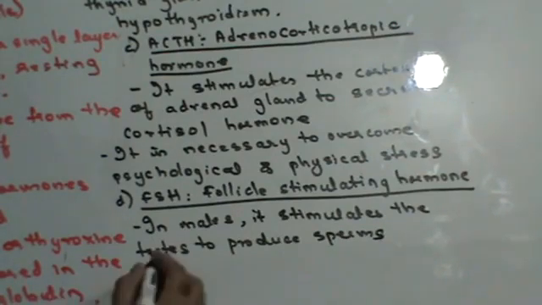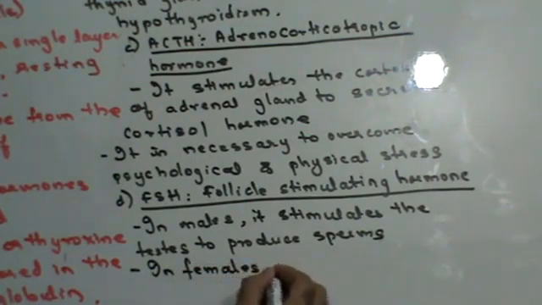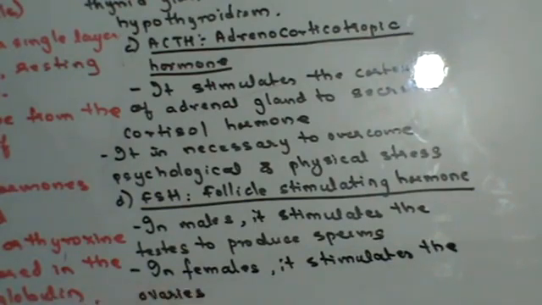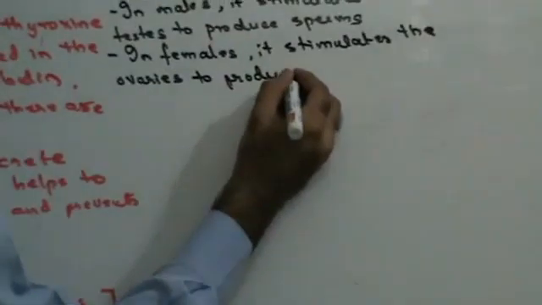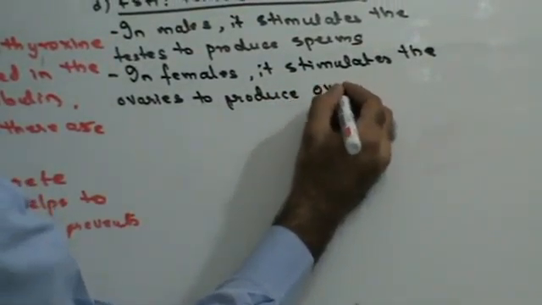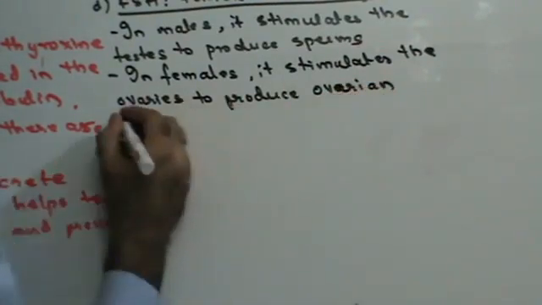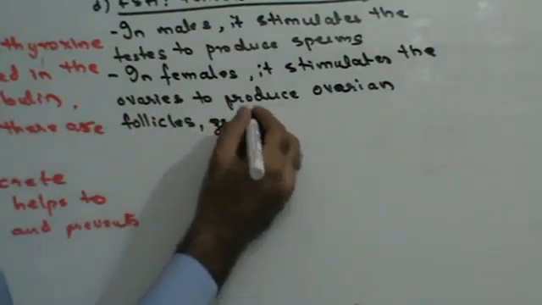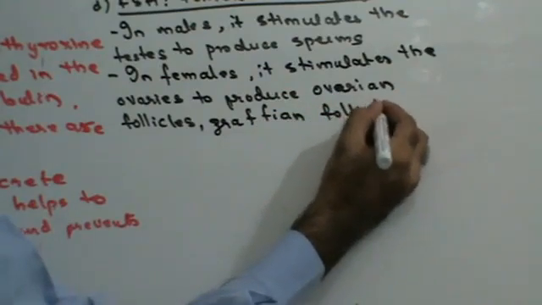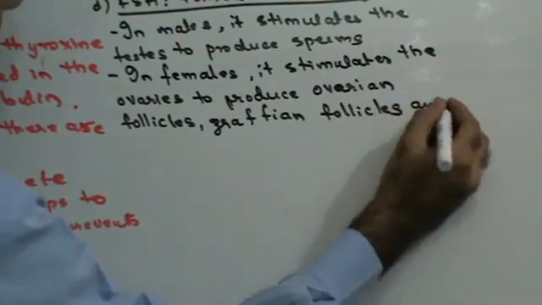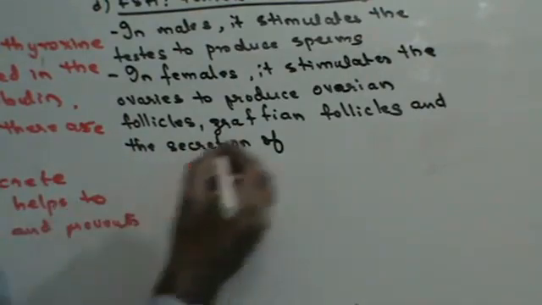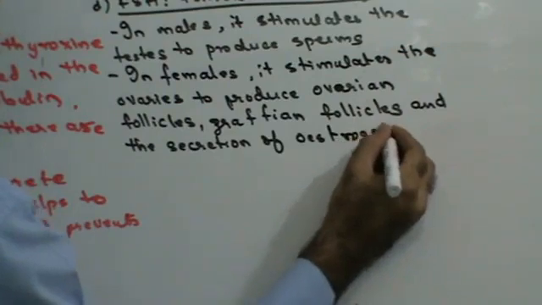In females, it stimulates the ovaries to produce ovarian follicles, Graafian follicles, and the secretion of estrogen, right?